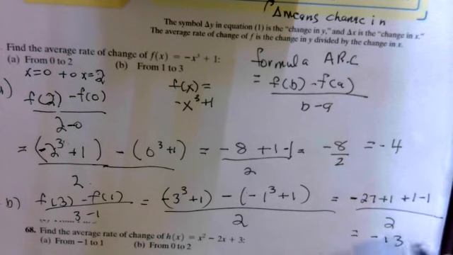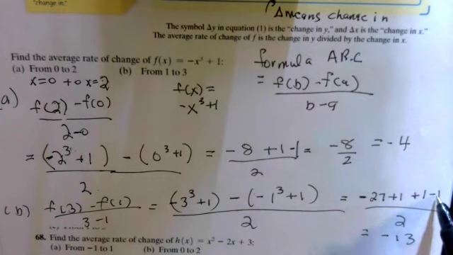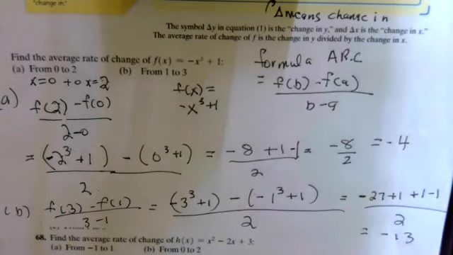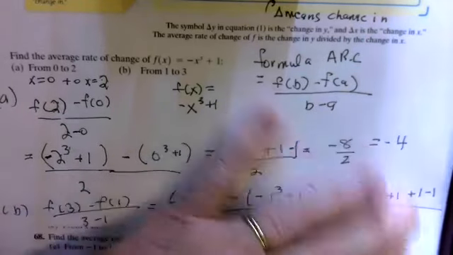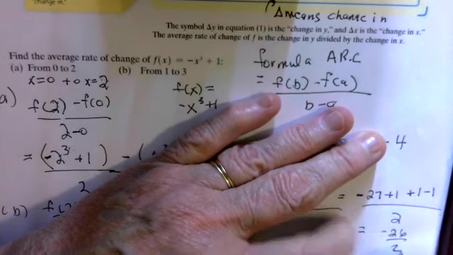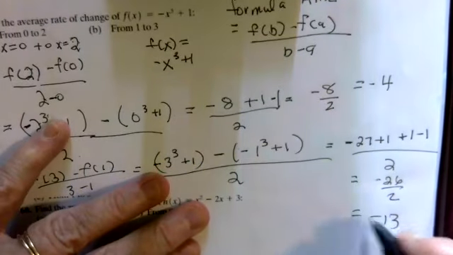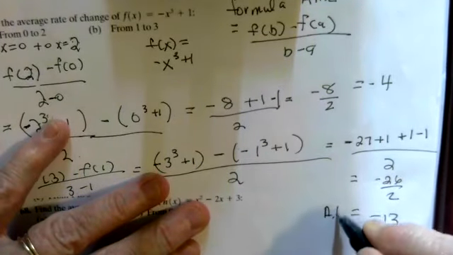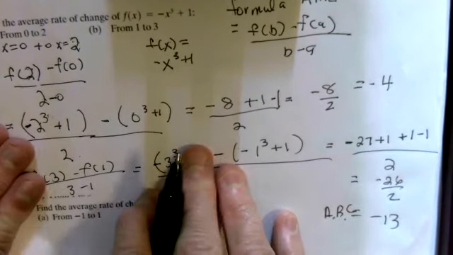Let's see if that's right. That would cancel. That would be a negative 26 over 2, and so yes, that would be negative 13. So the negative 13 is the average rate of change of the function between these 2 points.